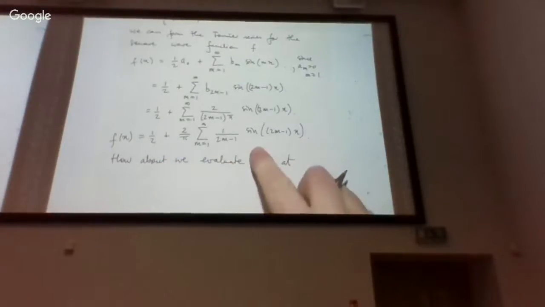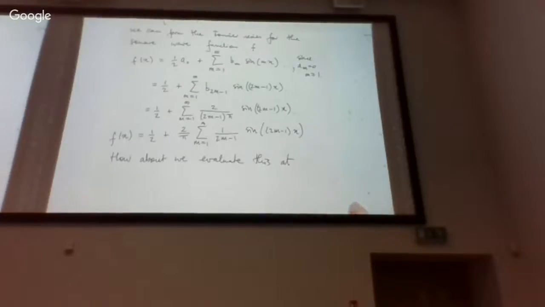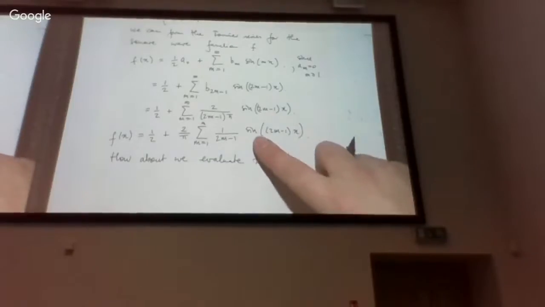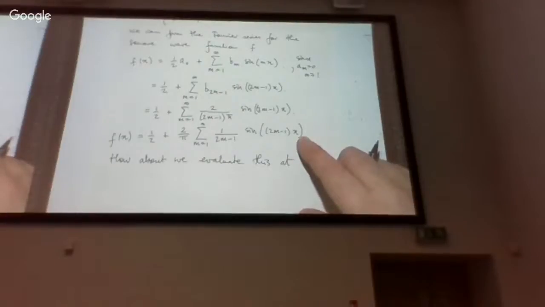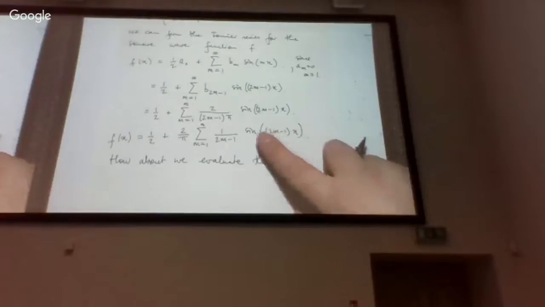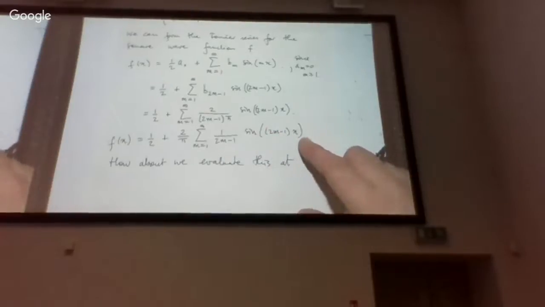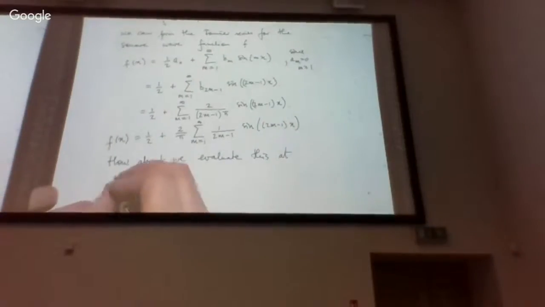We've got these sine functions here, but if I evaluate, there are some nice values floating around. I'm doing sine at an odd integer multiple of x. If I put in a nice, well-chosen value for x, I'll be able to understand these sines quite well.